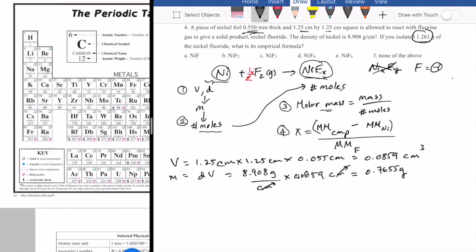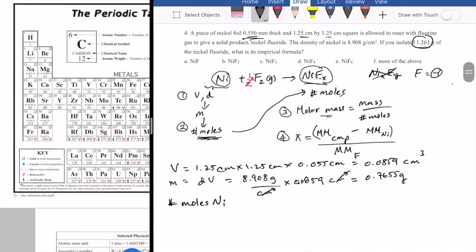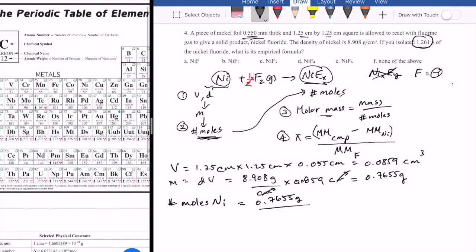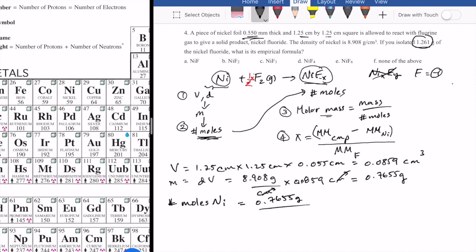That's your mass. And remember that the mass would then be converted to number of moles. That's step 2 right here. So to get number of moles from mass, we take the mass that we just got, 0.7655 grams, and divide that by the molar mass of nickel, which we can find in the periodic table here is 59. This is a simplified molar mass here without any further significant digits. So you find that there is 0.012975 moles of nickel.